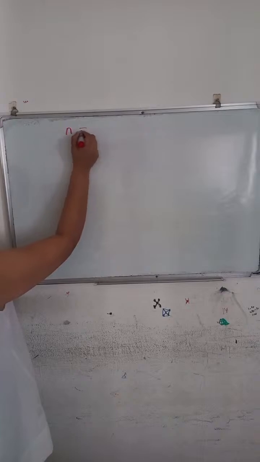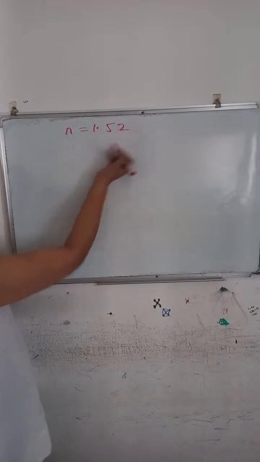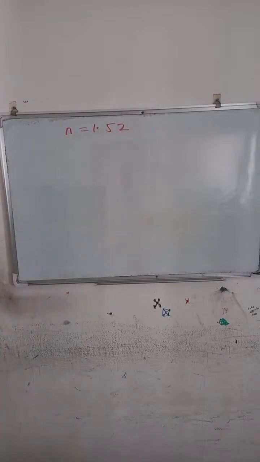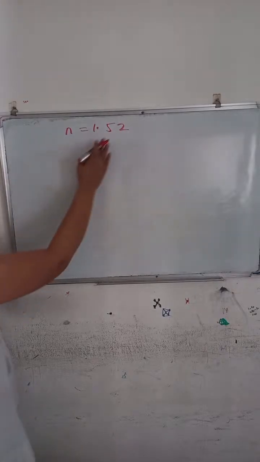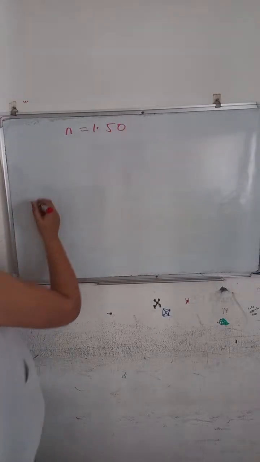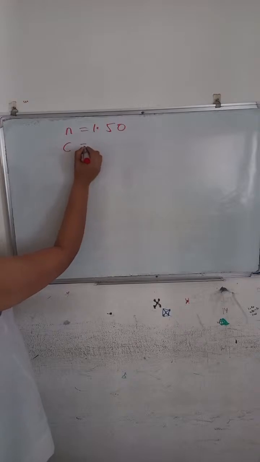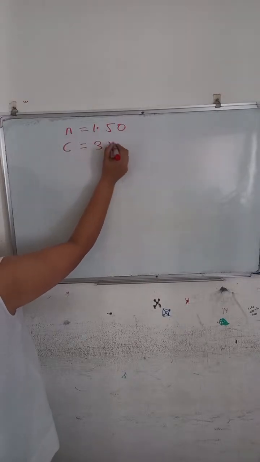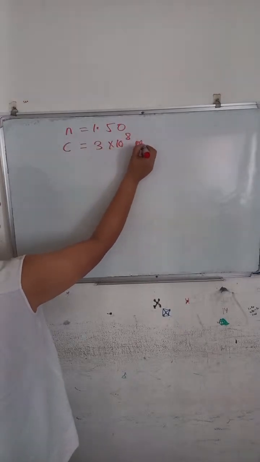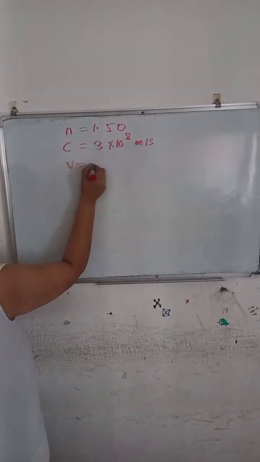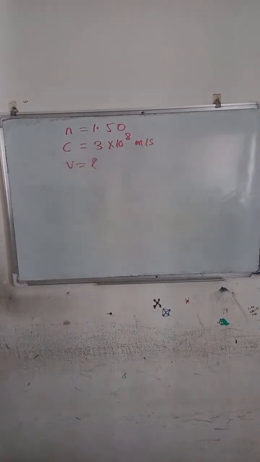So write down the given values first. Refractive index n is 1.50. The velocity of light in the air is 3 into 10 raised to 8 meter per second, and we have to calculate the velocity of light in the medium.